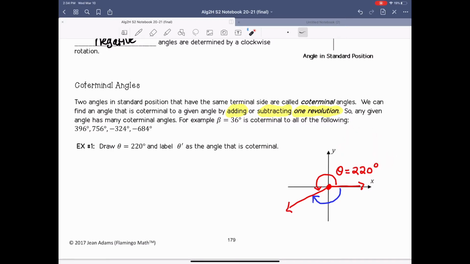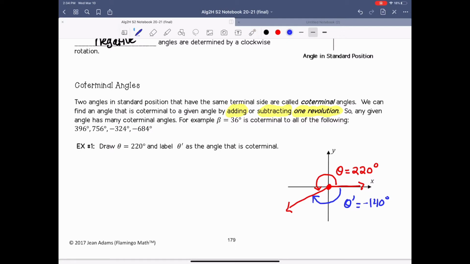And so we know that negative 140 is going to be this coterminal angle, theta prime, negative 140. And that makes sense because if we were to rotate from the x-axis to the negative y-axis, that would be negative 90 degrees, all right? And then if we have to get the rest of the way over here, that's going to be negative 140 degrees. Okay, so obviously that's a coterminal angle.